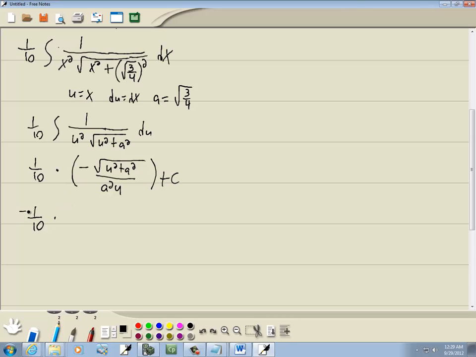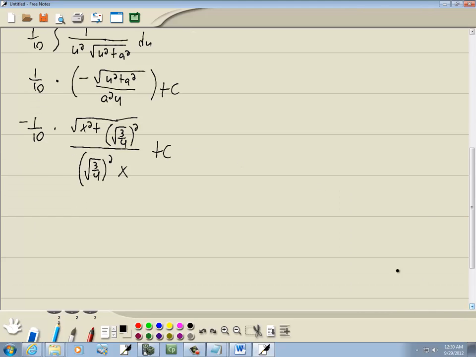And negative I'll go ahead and put up in front there. And then we got the square root of u squared, so I got x squared plus a squared. So that'd be the square root of 3/4 squared over a squared, square root of 3/4 squared times u, and u was x, plus c. So then this becomes x squared plus, when you square that, they cancel away, and that gives us 3/4, and this gives us 3/4 x down here.